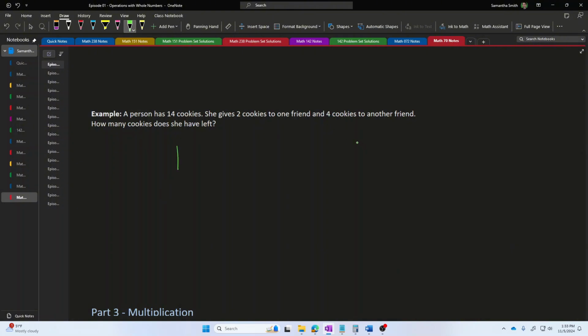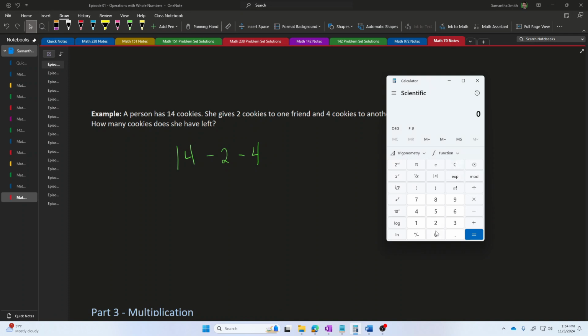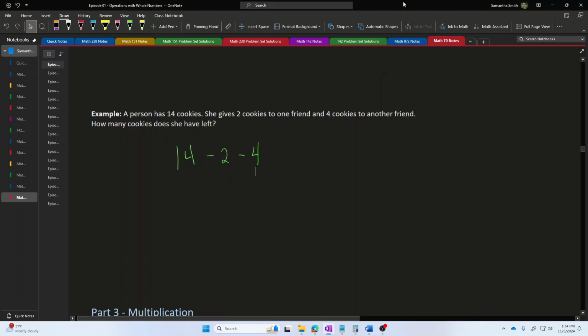So if I start with 14 and I give away and remove 2 from what I have, that's 14 minus 2. Then if I give away another 4, 14 minus 2 minus 4 would be the amount that I have left. So if I do this, for example, in the calculator, I have 14 minus 2 minus 4 equals, in total, 8 cookies are left for me to eat.